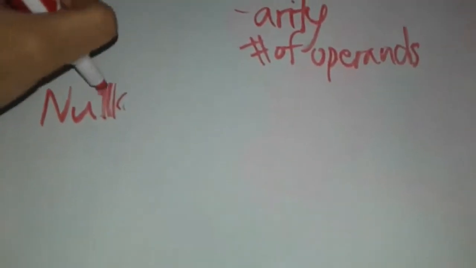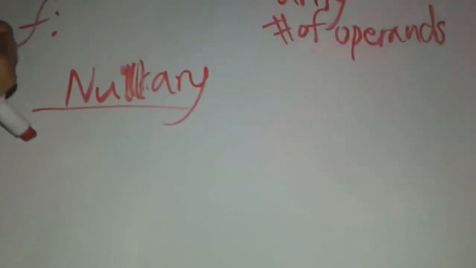Operands are pretty special, and operations have their own arity, the number of operands. A nullary operation is just a constant. The value just stays the same.